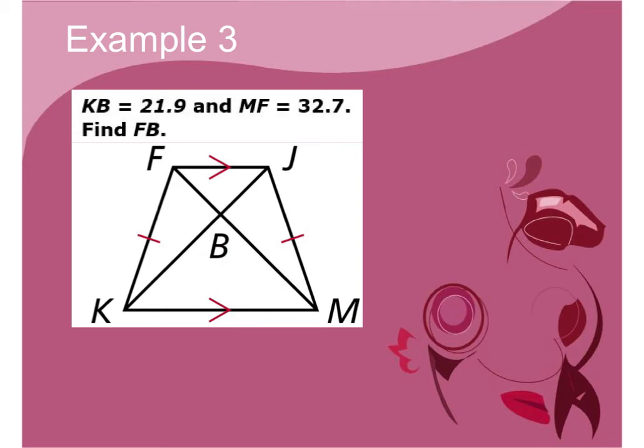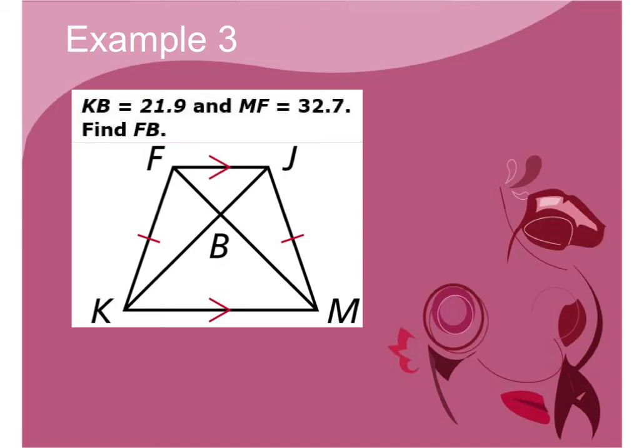Wait, can you go back to the first thing that was? KB equals 21.9 and MF equals 32.7. Find FB. Well, these are diagonals, right?